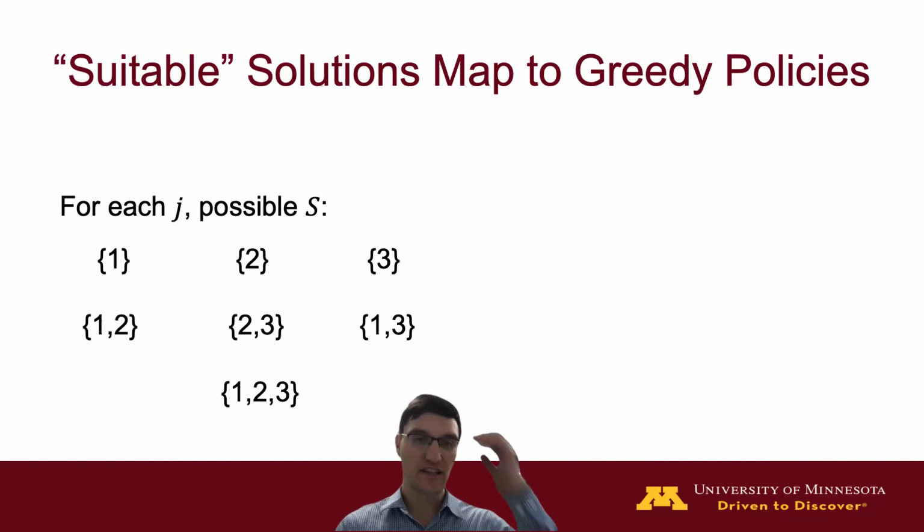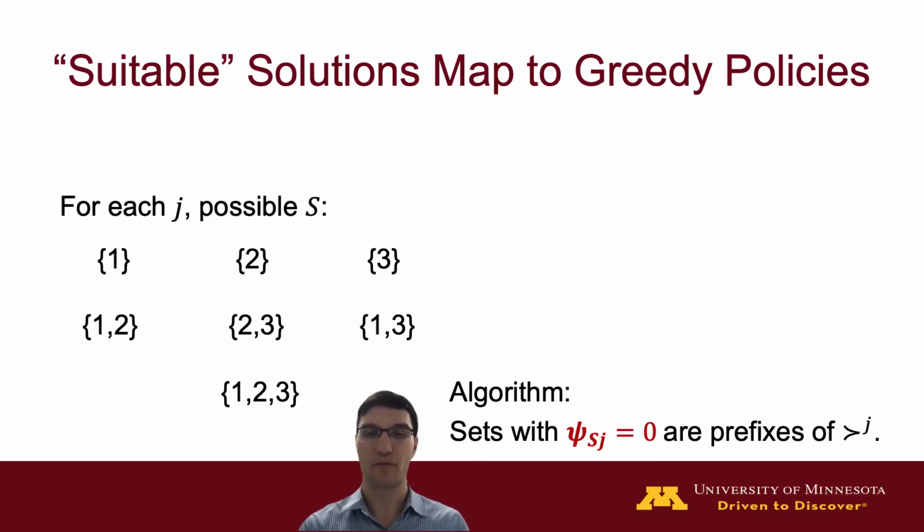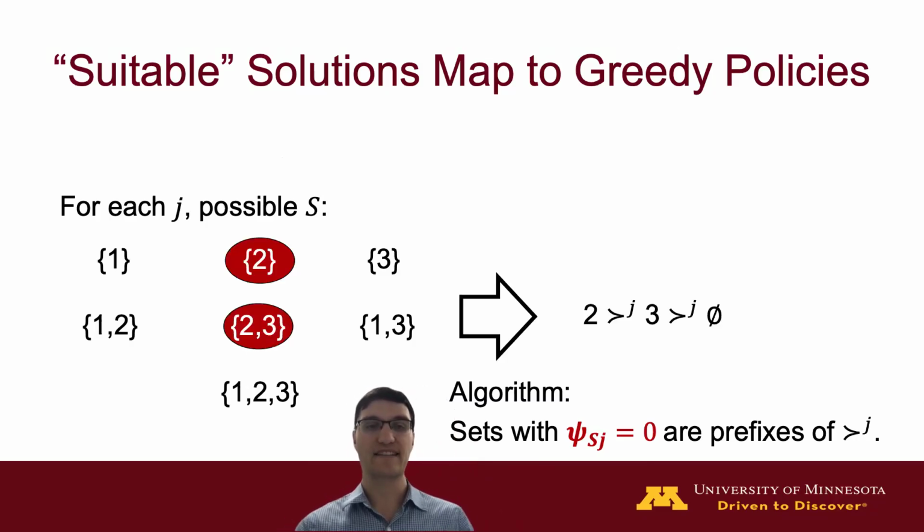What our algorithm does is solve our linear program, and then for type J ask which of these constraints are tight, in other words, which have the corresponding psi equal to 0. Let's suppose it's these particular constraints. Then we interpret these as prefixes of J's priority list. In this example, type 2 is J's top preferred type, which we try to match it to first.